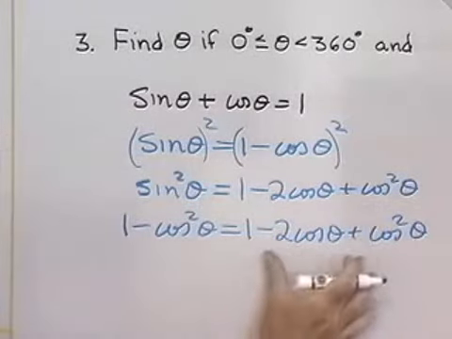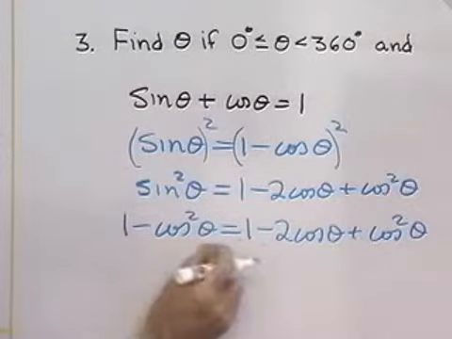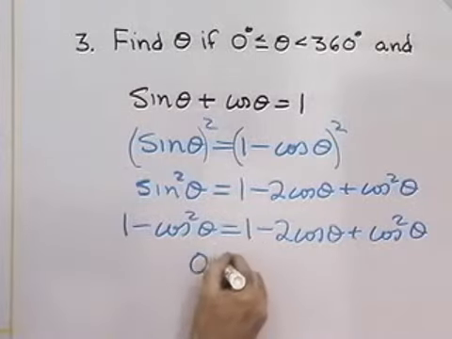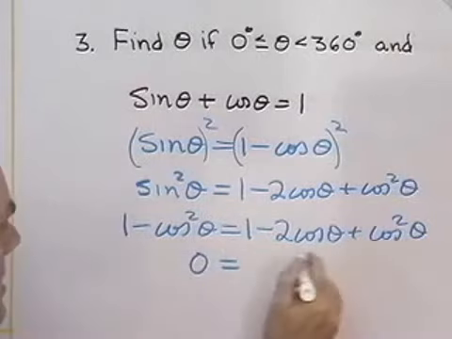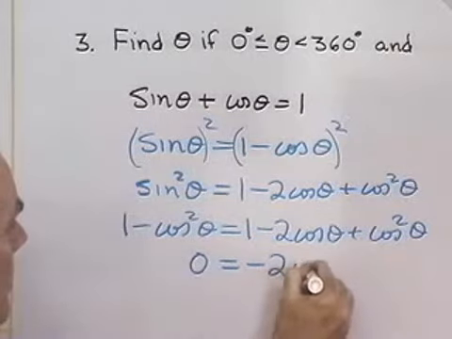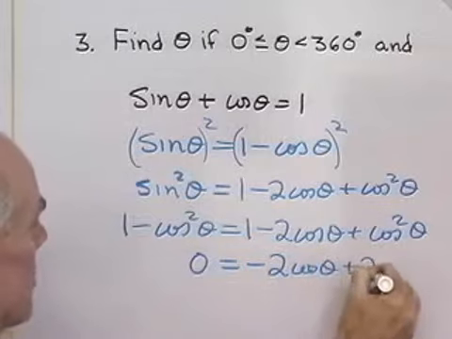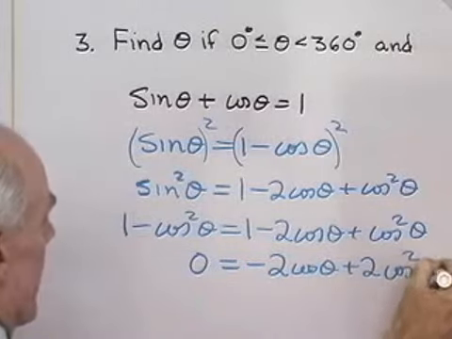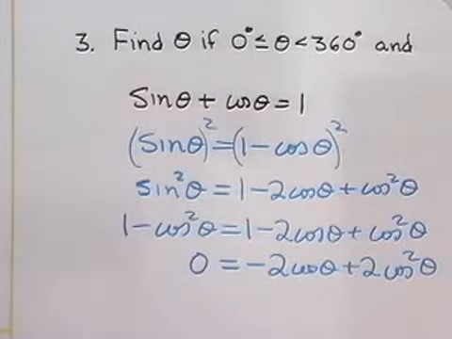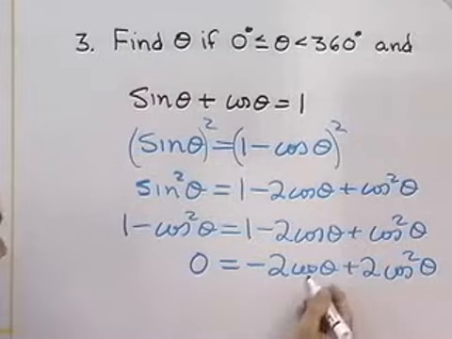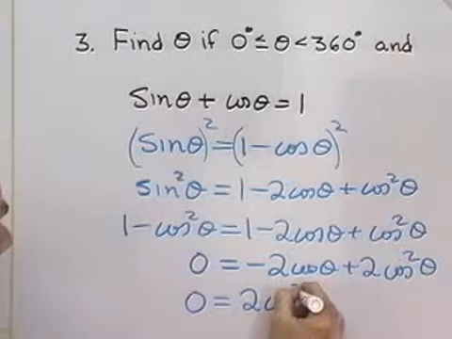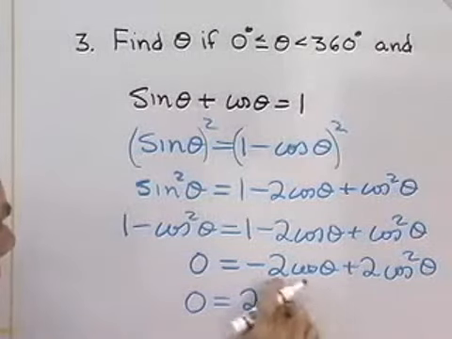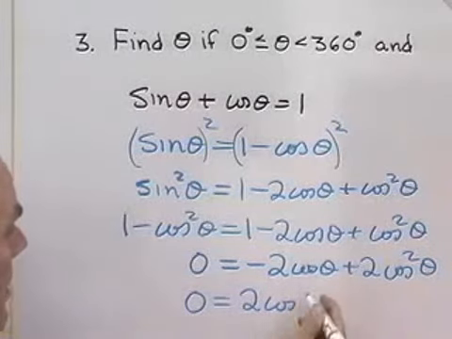Now let's move everything over to the right side. I'll add negative 1 to both sides, so I'll end up with 0 right here. I'll add cosine squared to both sides, so I end up with negative 2 cosine theta plus 2 cosine squared theta. Now from here, what I'll do is factor out, I'm just going to take out a 2 cosine theta from each term.